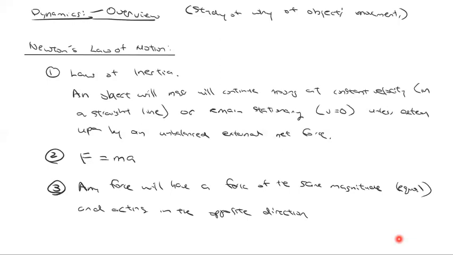Then, to apply these laws, we will need to consider forces. The idea of force is that it's a push or a pull, and it's a vector. So everything we talked about earlier about drawing your diagrams comes into play. You'll need to identify the type of forces.